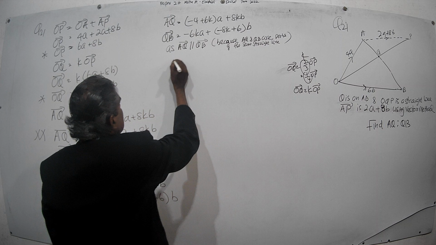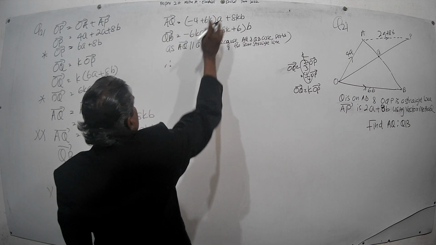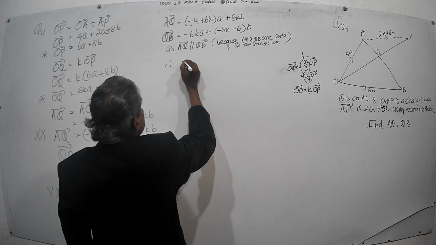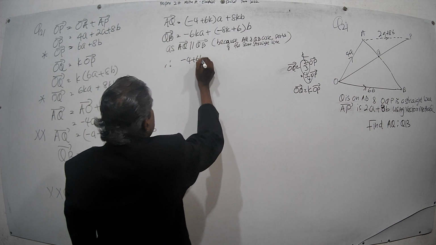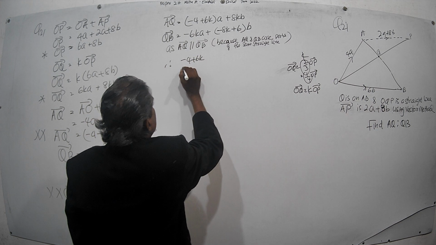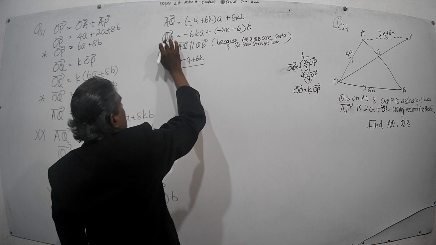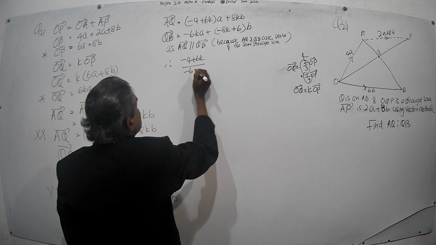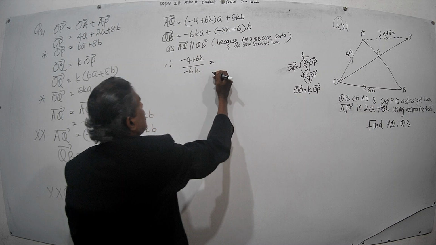Therefore we can write: take the coefficient of the A component of AQ vector, that is minus 4 plus 6k, divided by the coefficient of the A component of QB vector, that is minus 6k. Then that is equal to what?